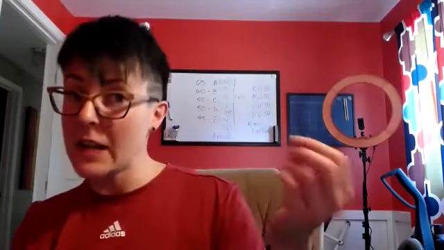Using the quadratic formula or completing the square are 2 methods that will always work. We know from experience factoring doesn't always work because we can't always factor every single quadratic. So it's super important to be incredibly familiar with both completing the square and the quadratic formula.